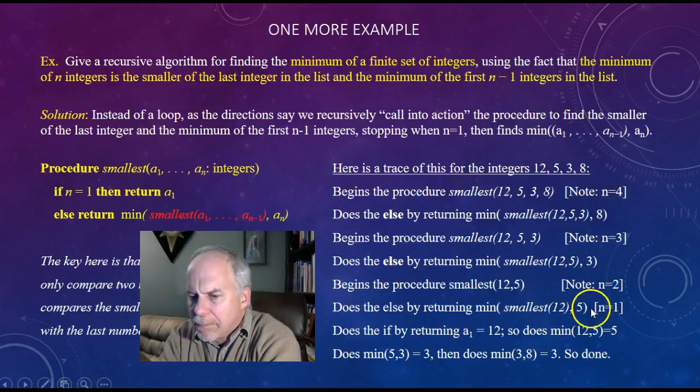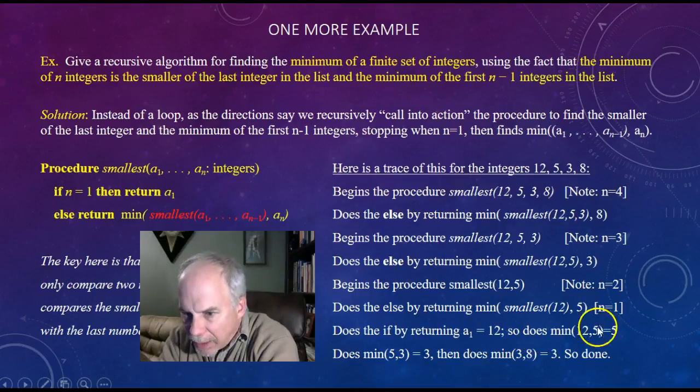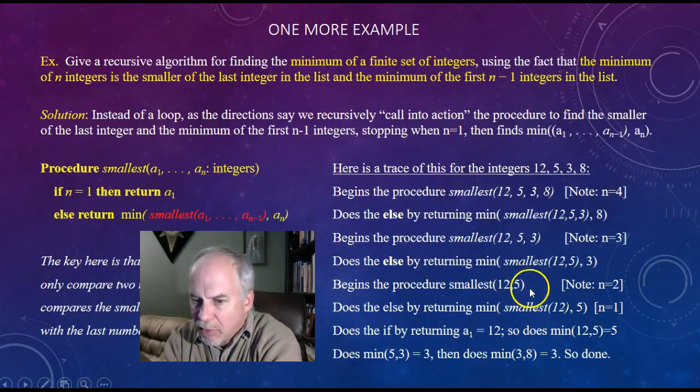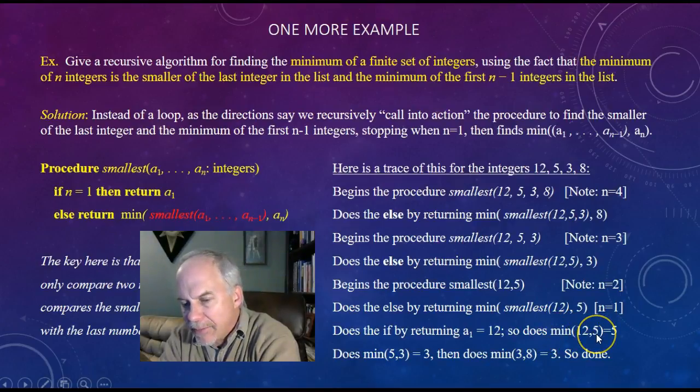Now n is 1 this time, and the if-then statement says if n is 1, it's going to just return a sub 1 back to the program. So it's actually just returning the 12 as the a sub 1, and it's going to send it back up to the 12-5 comparison. So it does the minimum of 12 and 5, which is 5.